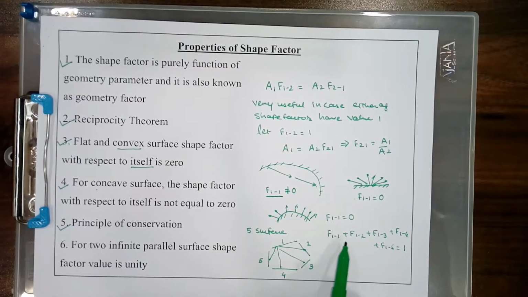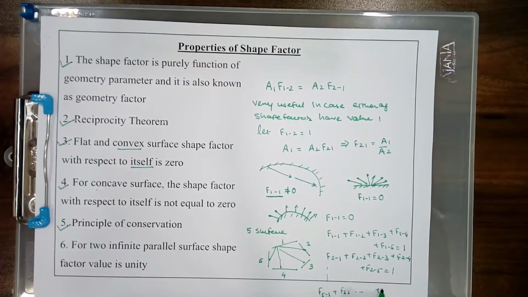So we can write the equation F11 + F12 + F13 + F14 + F15 equals 1. Similarly, the energy leaving surface 2 is either incident on 1, or on 2, or on 3, or on the 4th, or on the 5th, which also equals 1. So we can write this kind of conservation equation for the shape factor, like F51 + F52 up to F55 equals 1. This is called the principle of conservation.